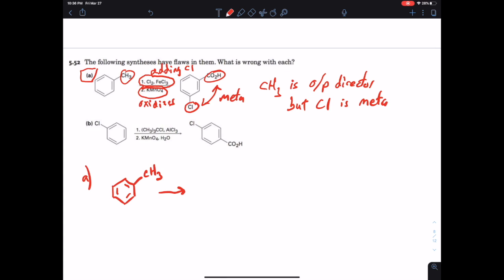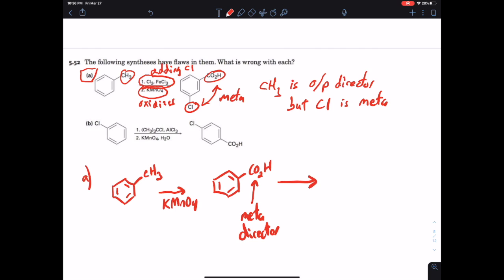And if we did the KMnO4, we would get a carboxylic acid. Now this is a meta director.